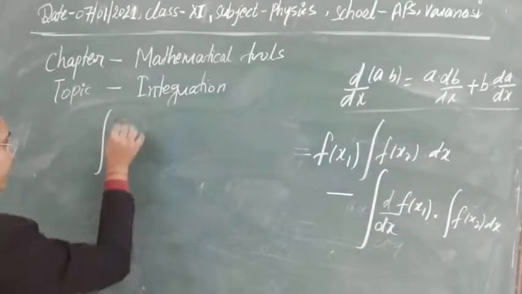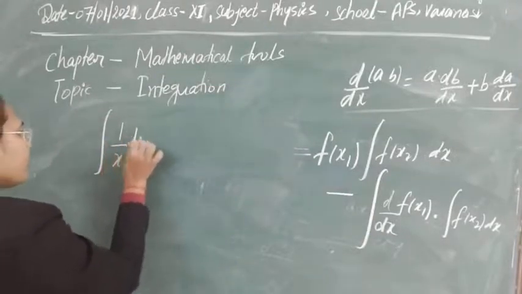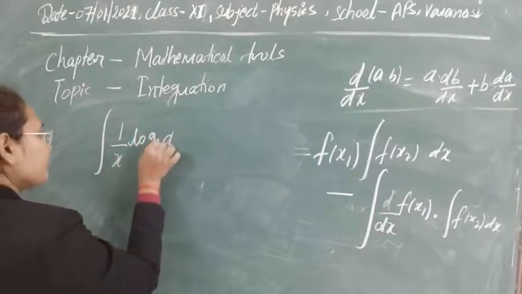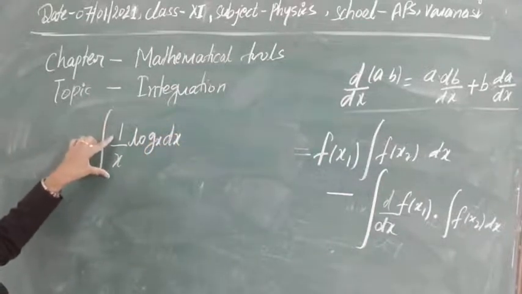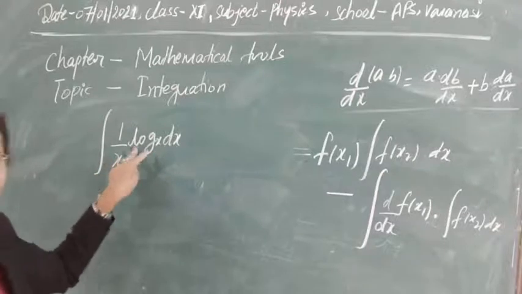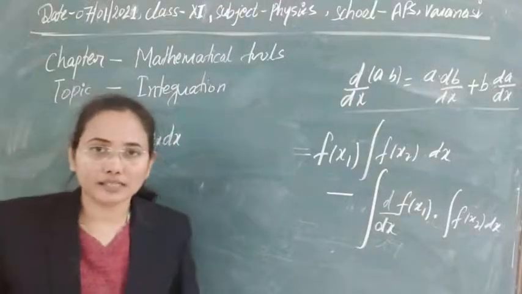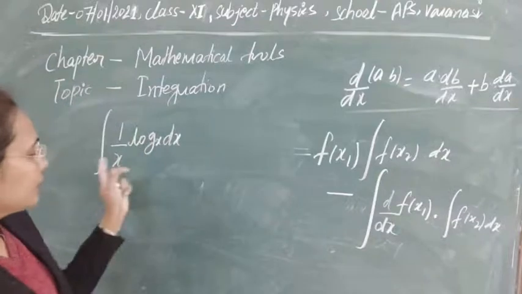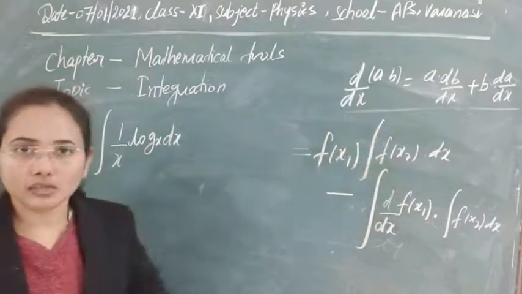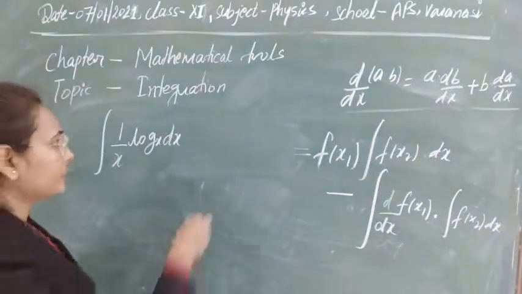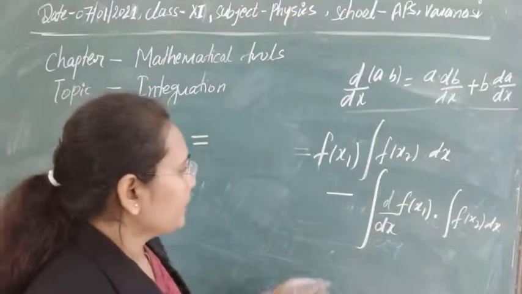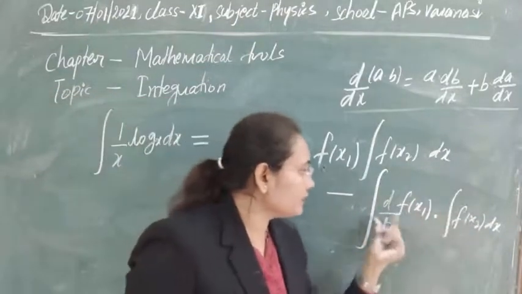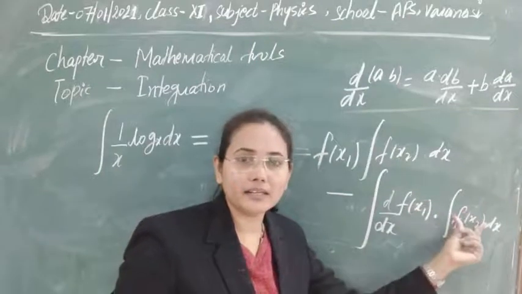Suppose we have taken the integral of 1 by x log x dx. You are seeing that one function is 1 by x, the second function is log x. So it is a product of two functions, and you want to integrate it by this method. With the help of this method you get the differentiation in one term and the integration in product form.